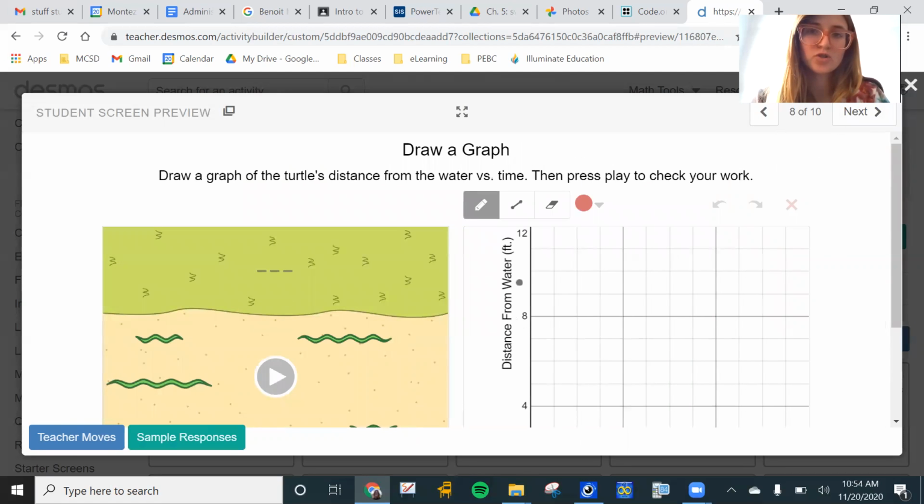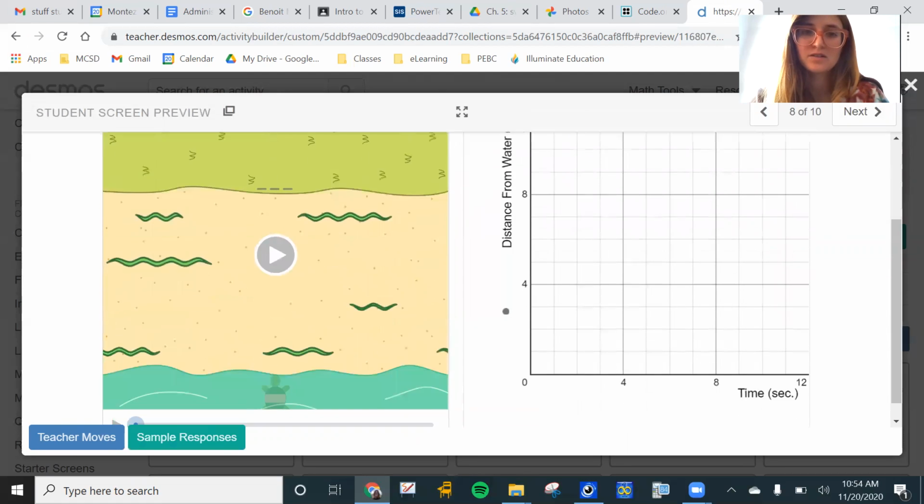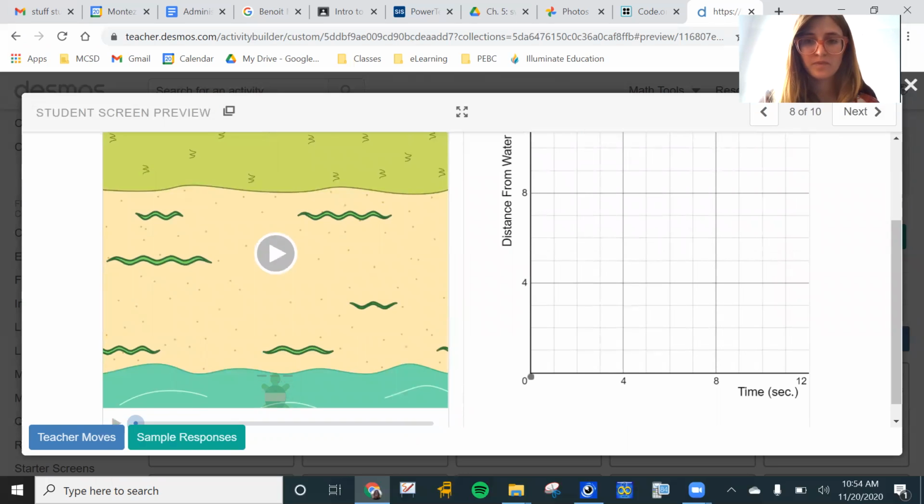So now let's try and draw this graph. I wasn't counting the time, which would have been helpful, but I know he walks away, and then stops, and then moves back, and then walks away. Let's give it a try.